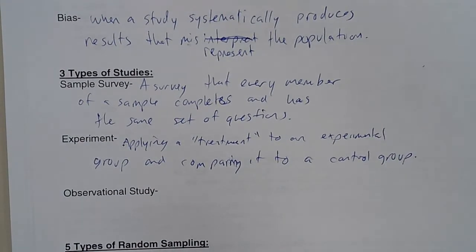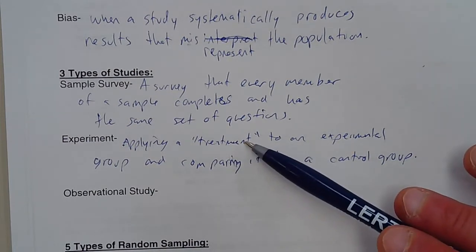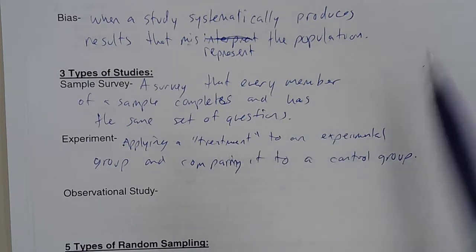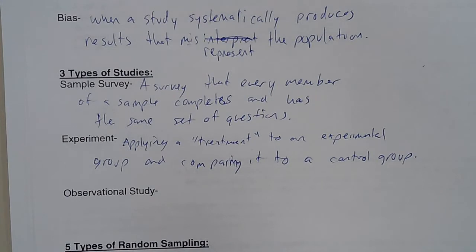This is really common in medical studies, drug studies, but also other things. This is where you divide your population, or your sample, into two groups, and one of them gets a thing, and one of them doesn't, and you compare what that thing does to whatever you're trying to test.